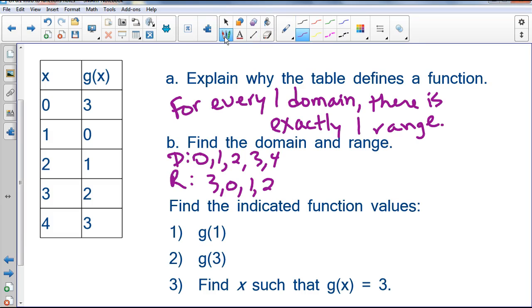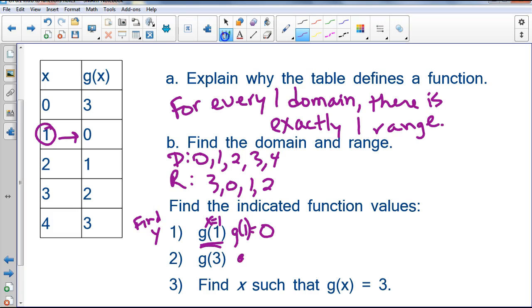And then it says find the indicated function values. So again, when you see it written in function notation, it's telling you that x is equal to 1. So you need to identify what its y coordinate is. So then you look over here, x is 1, which means y is 0. So g of 1 is equal to 0.